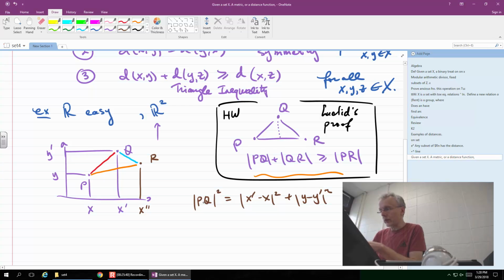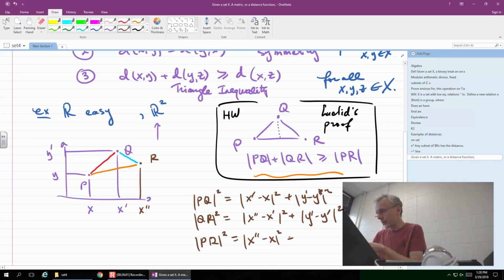Now QR squared is (x double prime minus x prime) squared plus (y double prime minus y prime) squared. And PR squared is (x double prime minus x) squared plus (y double prime minus y) squared.